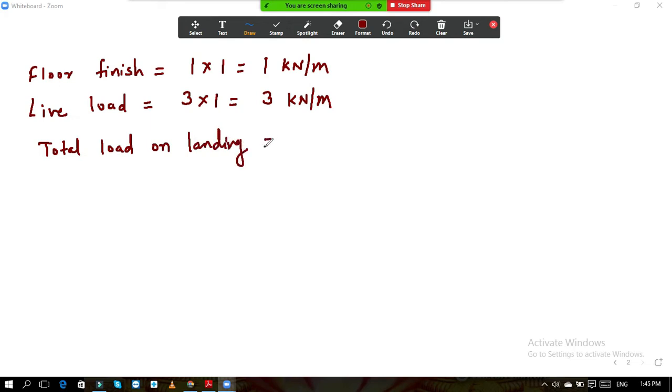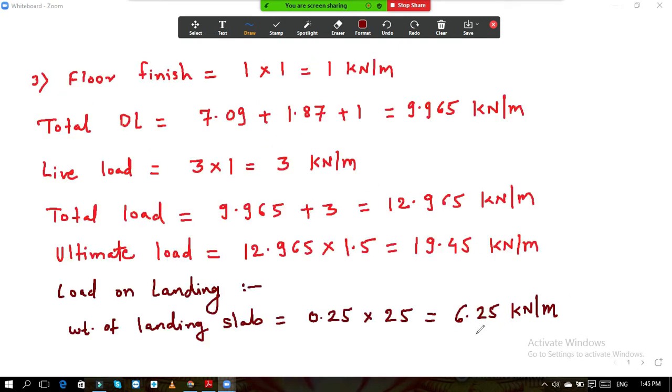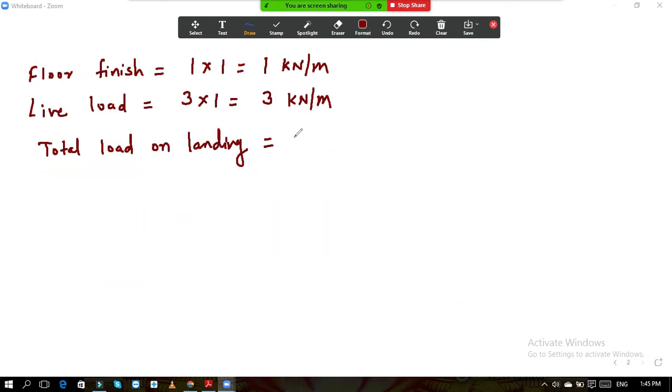What is the total load now? 3 plus 1 is 4, 4 and 6 is 10, 10.25. Please check: it is 6.25 plus 1 plus 3, 10.25 kilonewton per meter. This is the total load.